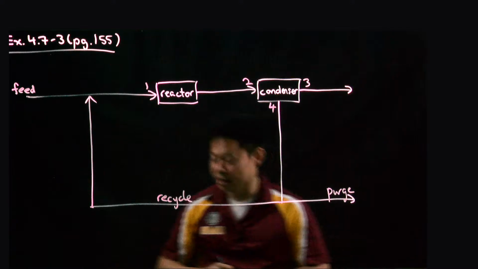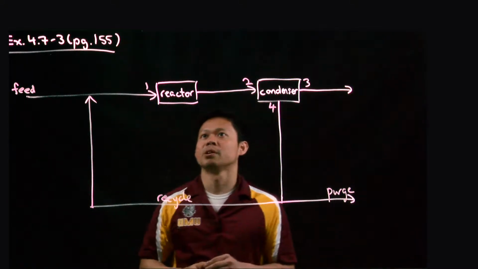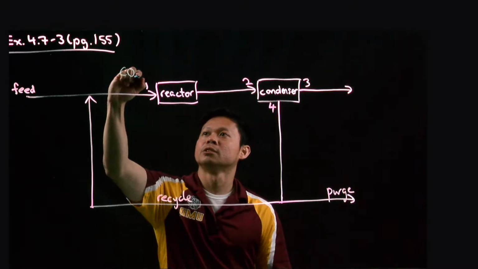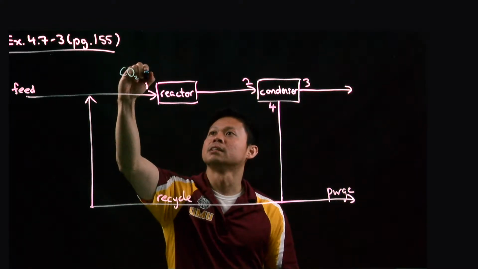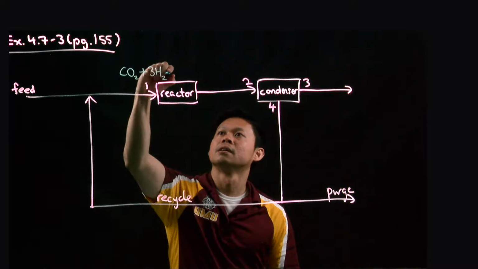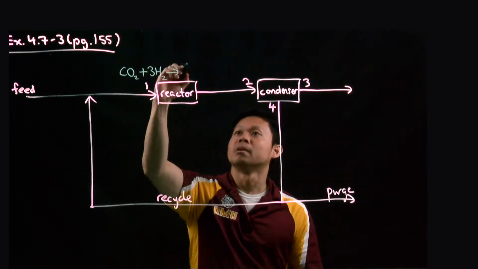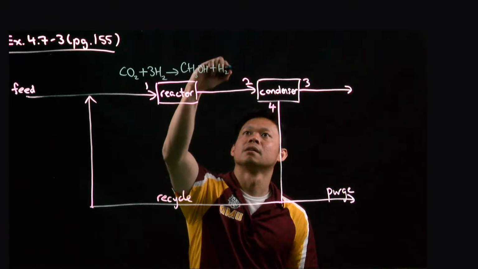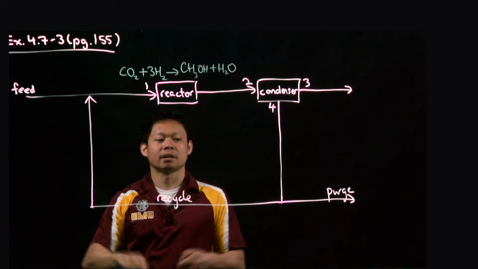And like I said, I like to write the chemical reaction above that to remind myself about what's going on here. So we have CO2 plus hydrogen to give you methanol and water. All right, so now we have the skeleton of the process.